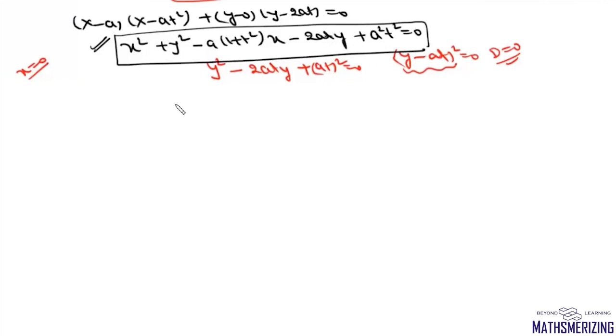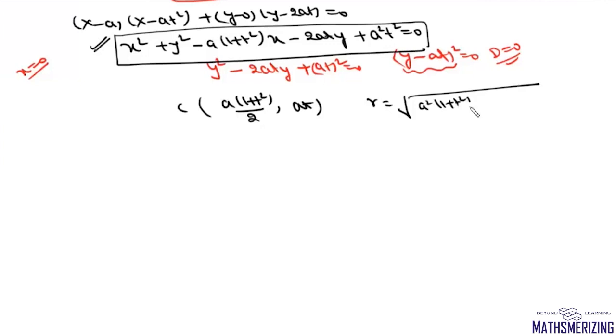So the center of this circle will be (a(1 plus t square)/2, at). We can also write the radius of this circle. Radius of this circle will be a square (1 plus t square) whole square by 4 plus a square t square minus a square t square. So it'll cancel. So the radius of this circle will be a(1 plus t square)/2.